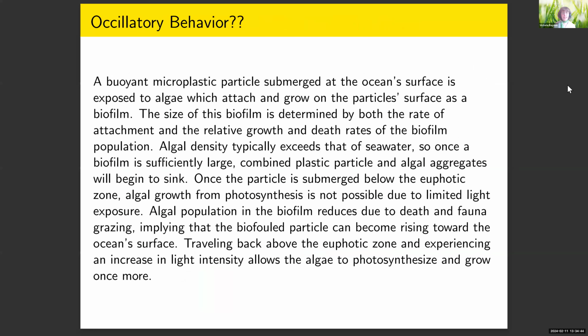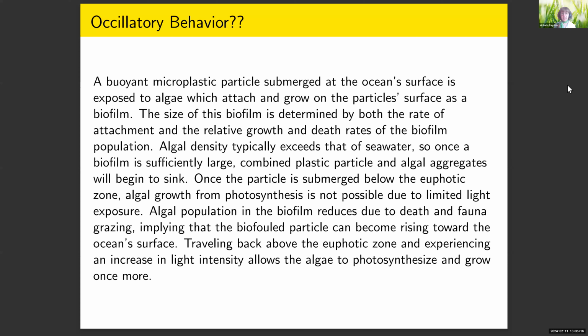So what happens? The microplastics submerged in the water get broken into these smaller components. It bonds with the algal cells, and this biofilm gets heavier while the algal population is growing, the number of algal cells is growing, and this heavier aggregate sinks towards the bottom of the ocean.